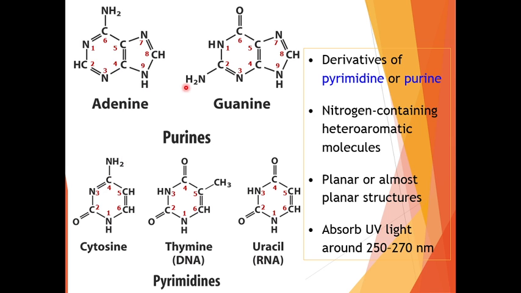And you can also see that the position of the NH2 in adenine and guanine are different. In addition, these are planar or almost planar structures. They also absorb UV light around 250 to 270 nanometers.